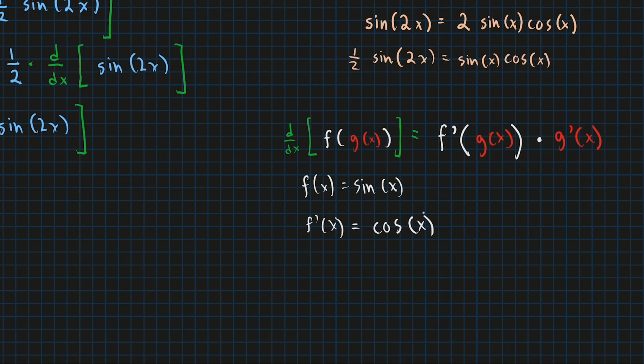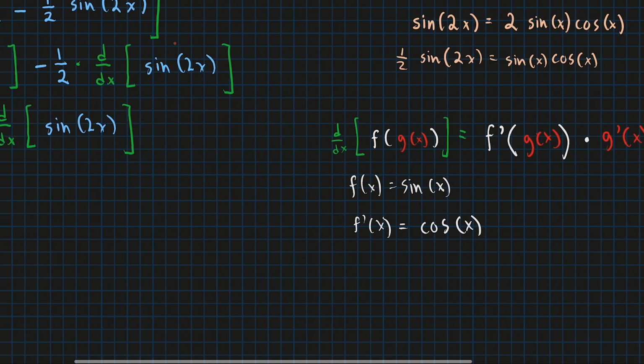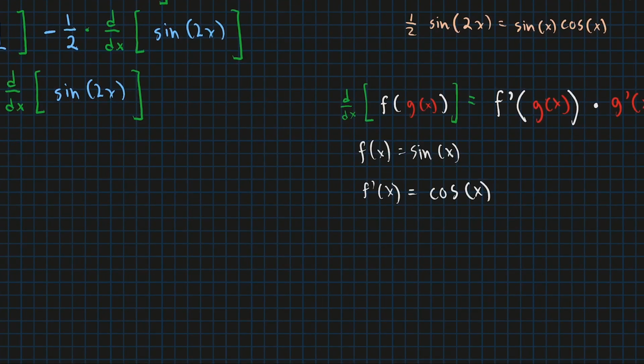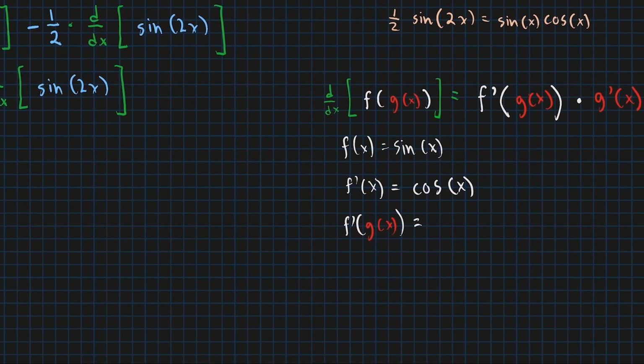Well, we can just plug in g of x where we have x. So for f of x equals sine of x, f prime of g of x is just equal to cosine of 2x. We just have to multiply it now by g prime of x.